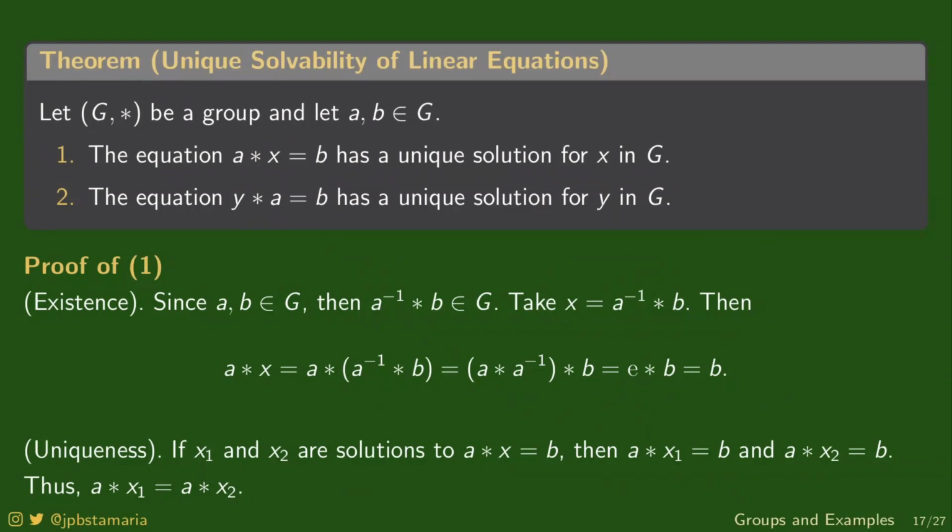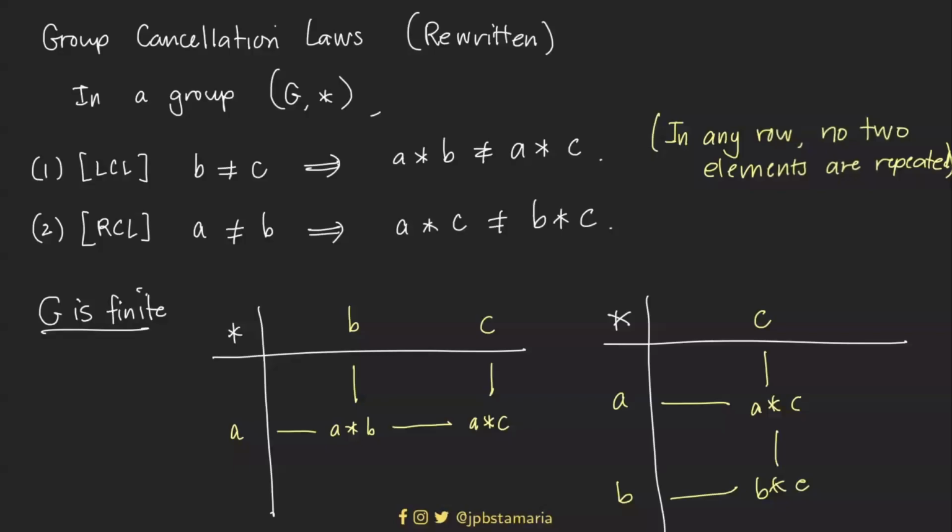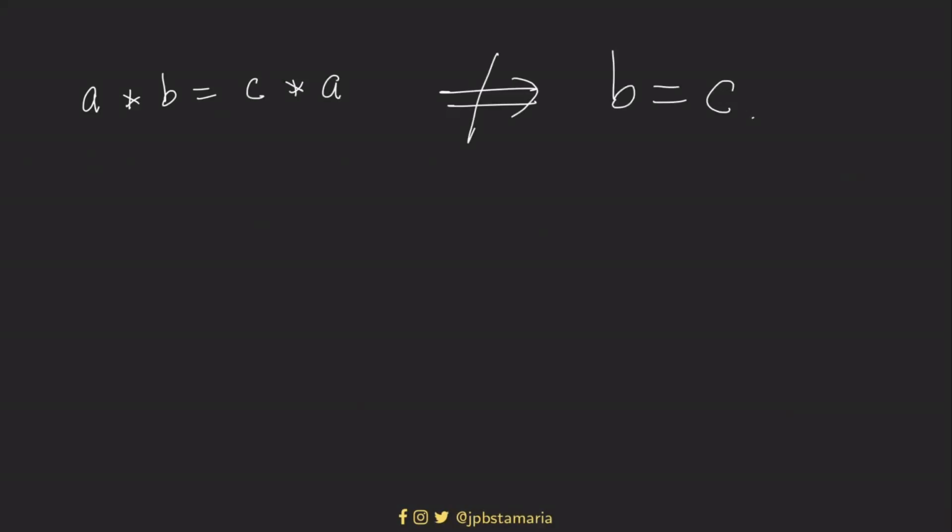By the left cancellation law, you can cancel the A because it's on the same side of the equation. Tandaan nyo, you can only cancel kung parehas na sa left or parehas na sa right. Pero kapag ganito, nakalimutan ko sabihin ito kanina, huwag nyung gagawin to ha. Diba meron kang A times B, tas meron kang C times A. This does not imply B is equal to C ha.